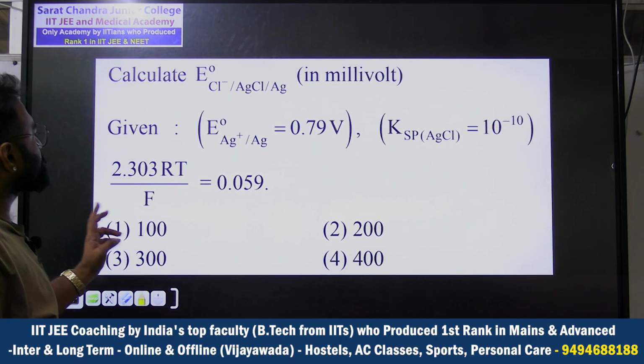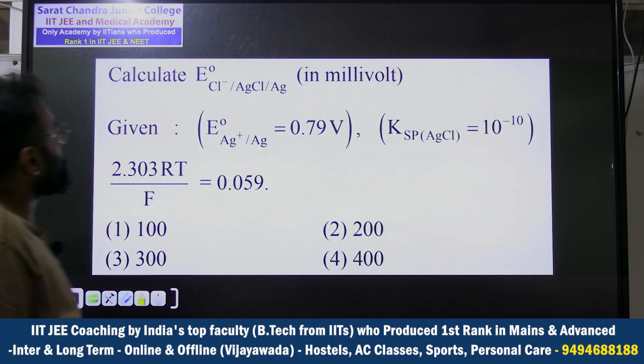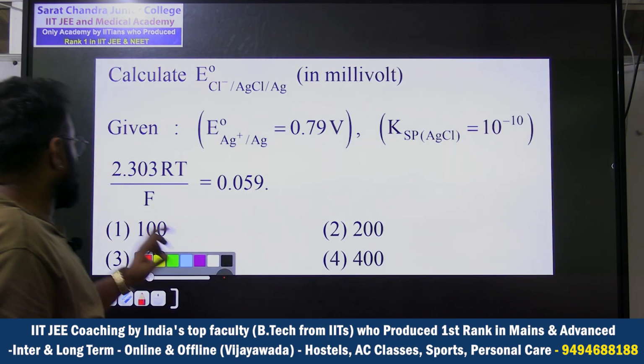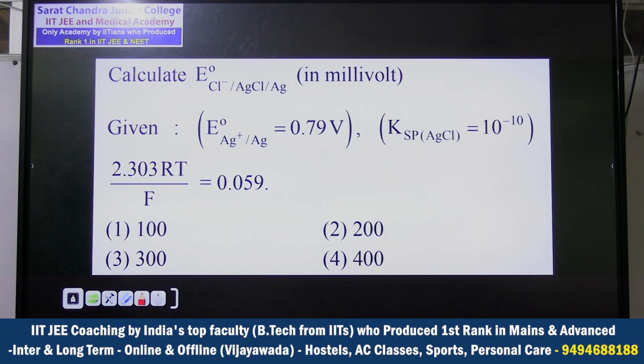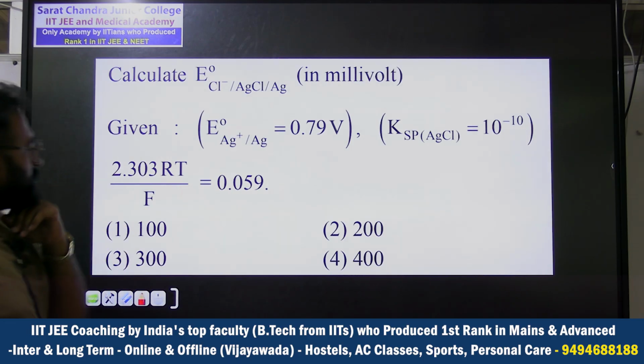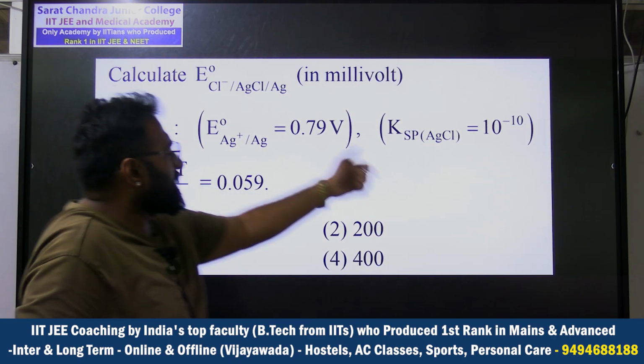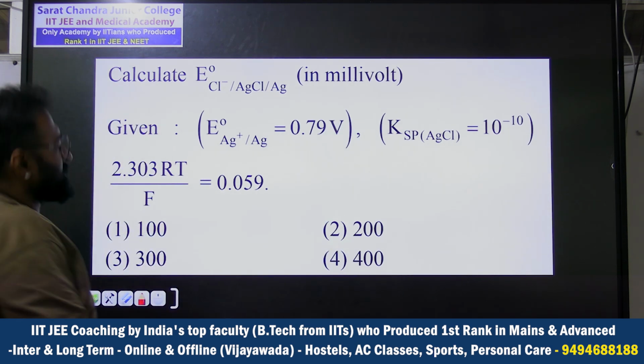Now next, calculate E naught of Cl minus, AgCl to Ag. The given data is the reduction SRP value of Ag plus to Ag and the KSP value. So again a simple question.